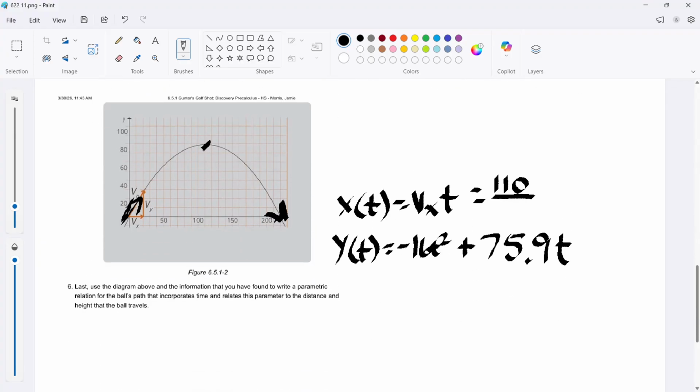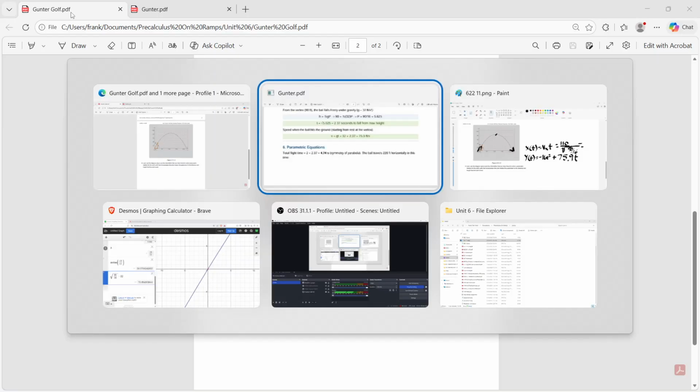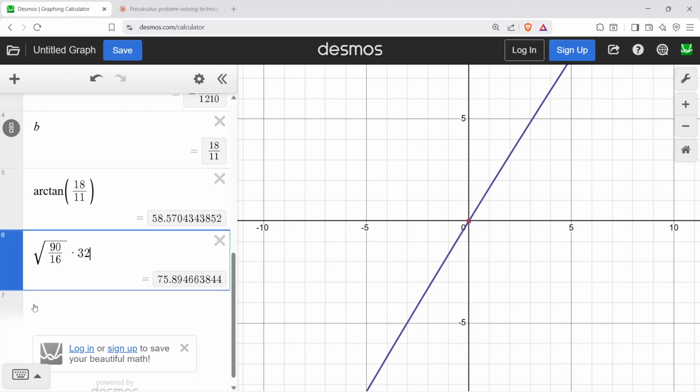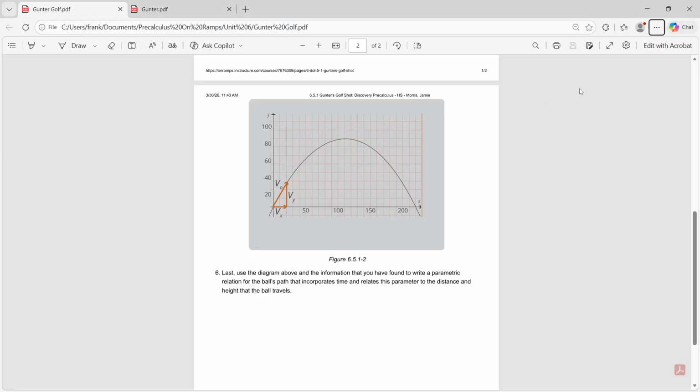The time is the square root of 90 over 16, or you could put 2.37, but I don't like to round or approximate in the middle of a calculation. So what's 110 over the square root of 90 over 16? I've got to get to my Desmos. 46.4 approximately.